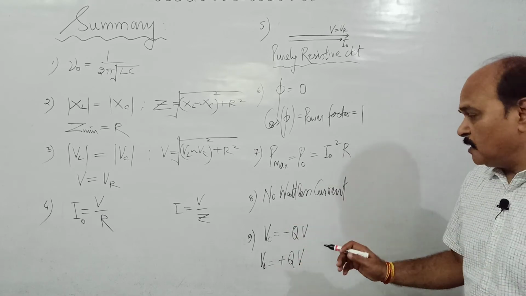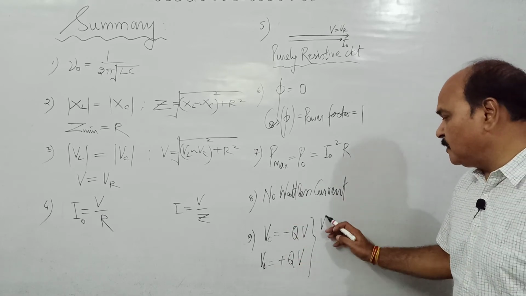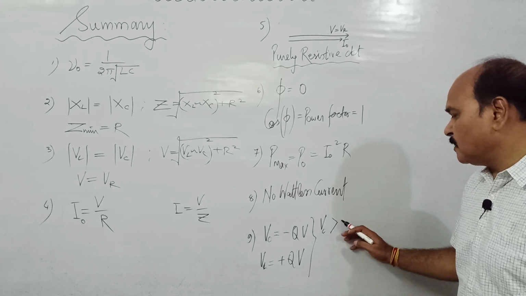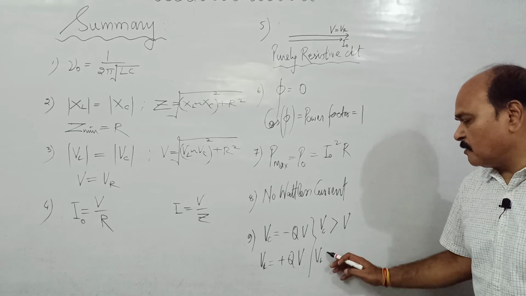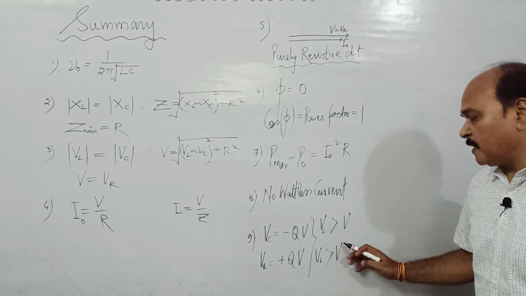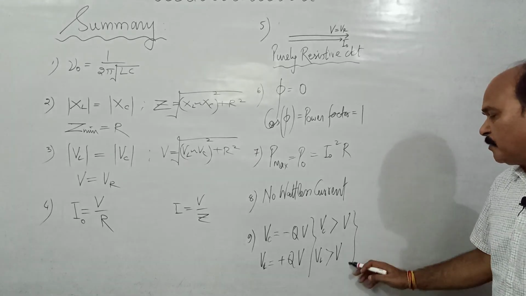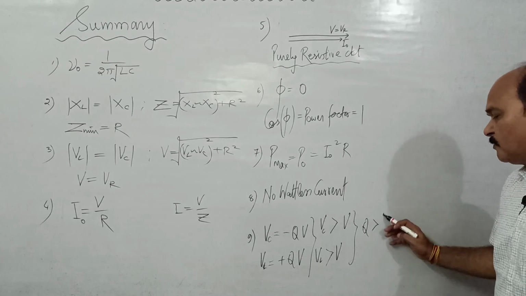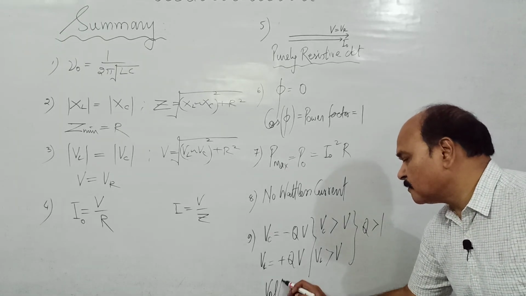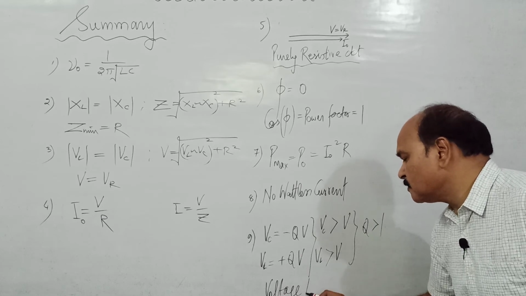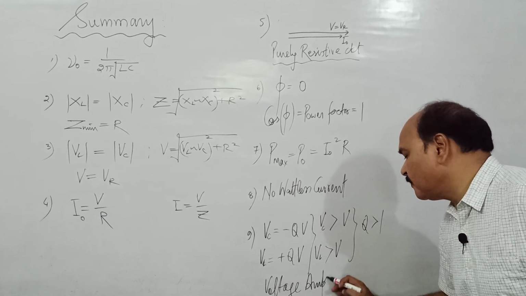But individually, the voltage VC is much greater than V applied. This voltage VL is also much greater than the voltage applied. Why? It is simply because quality factor Q is greater than 1. And this is what is called voltage amplification.